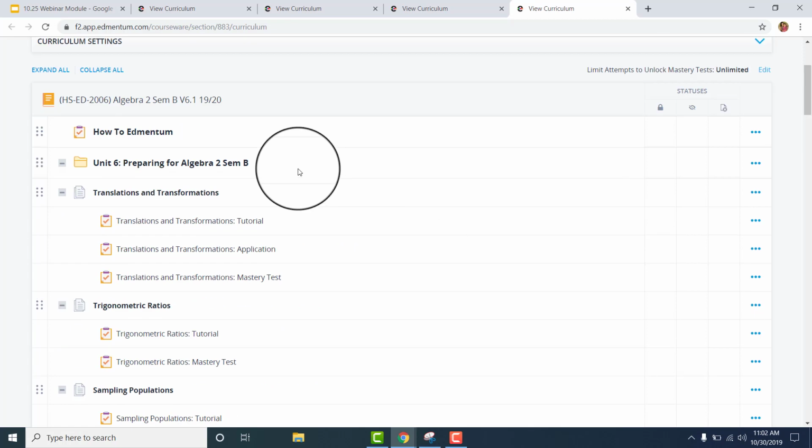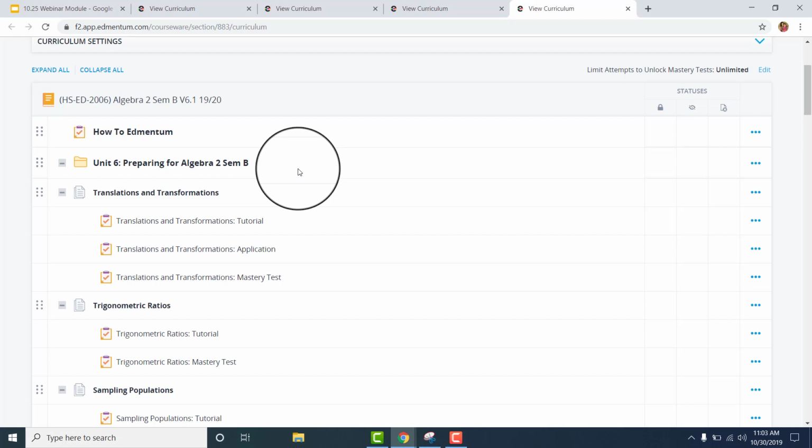I'd like to also point out that in Algebra 2 Semester A, Unit 1 was called Preparing for Algebra 2 Semester A. And in this course, Unit 6 is called Preparing for Algebra 2 Semester B. The reason that we have created these units this way is because we had to customize the course from Edmentum.